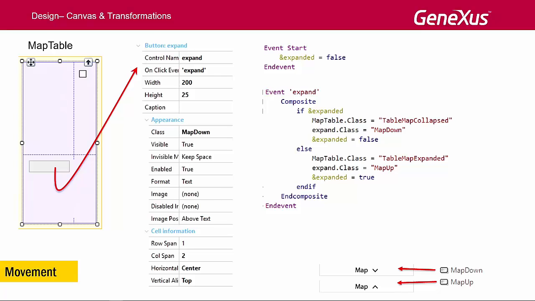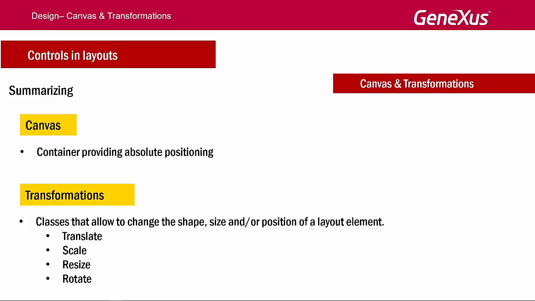In addition, a hidden variable will be used in the table as a switch to turn on and off in order to indicate when it's collapsed and when it's expanded. To give the table an expansion movement, which is the opposite of what we've been studying, we will also have to define a transformation in the opposite direction, which is similar. In sum, the canvas control is a container of controls that allows its contents to take absolute positioning.